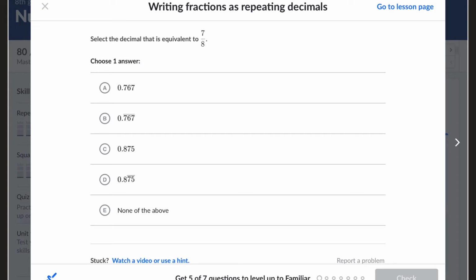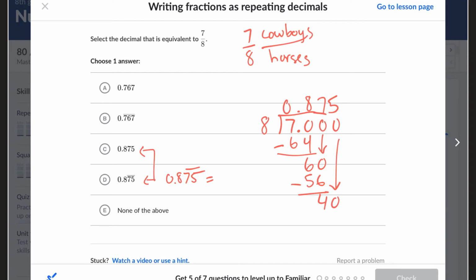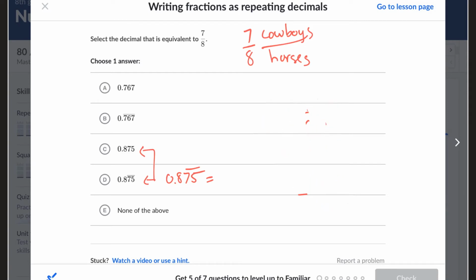Now, this one, 0.875 with the bar here, that means I better erase this here because I need the space. So that means 0.8757575.